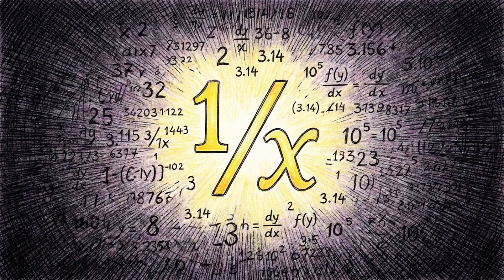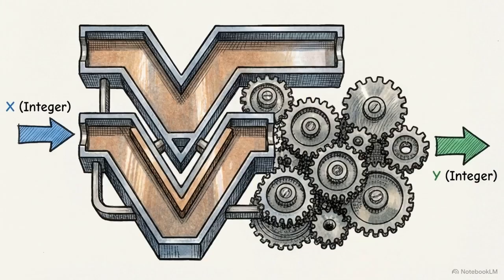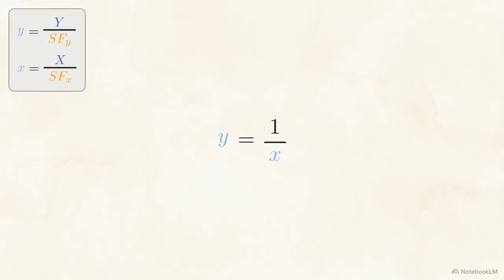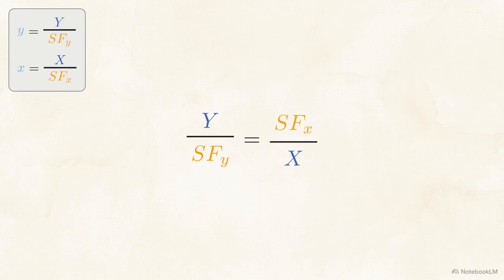With the base input scaled, we can execute complex operations, starting with mathematical inversion. The goal is to take our scaled integer input, X, and compute a scaled integer output, Y, while ensuring the ALU never encounters a fractional value. By substituting our scale factors into the standard inversion equation, we derive a pure integer formula.